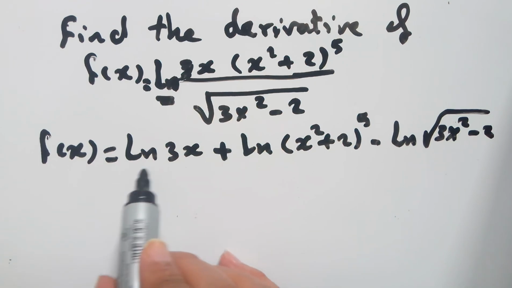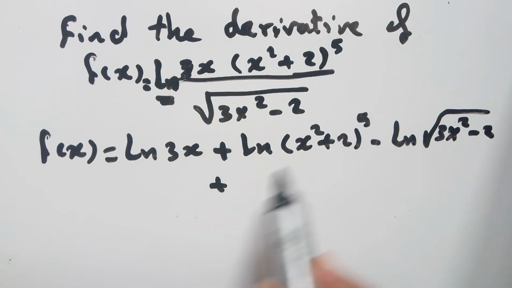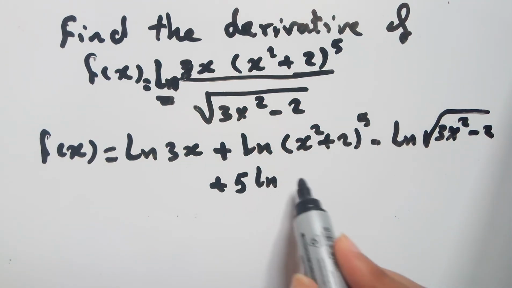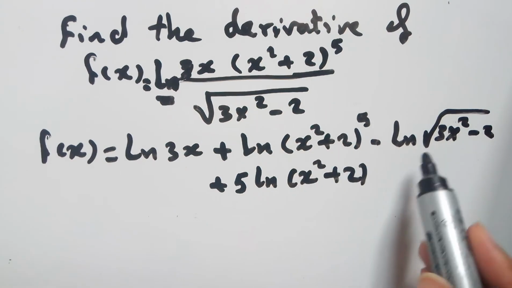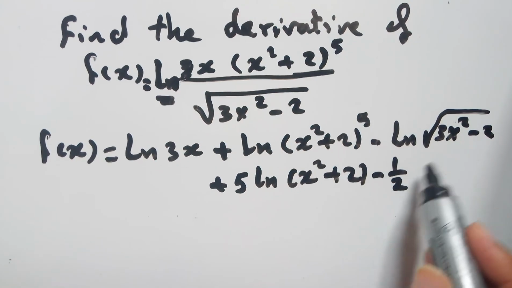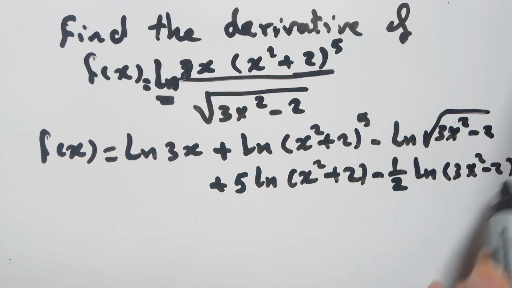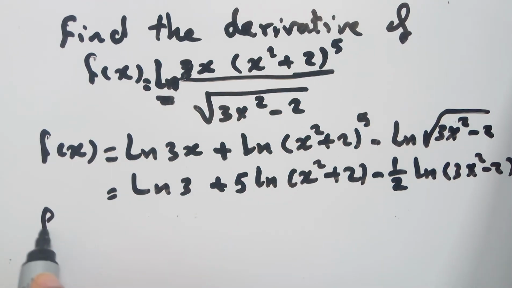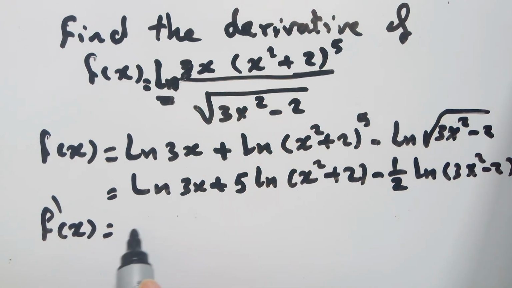Now we can find the derivative for ln 3x, and this one you must change to get 5 before ln. It will be 5 ln of x squared plus 2, and this one is power half, take minus half out here, ln of 3x squared minus 2. Now I think you can find f prime of x, 3x here. What is the derivative of 3x?